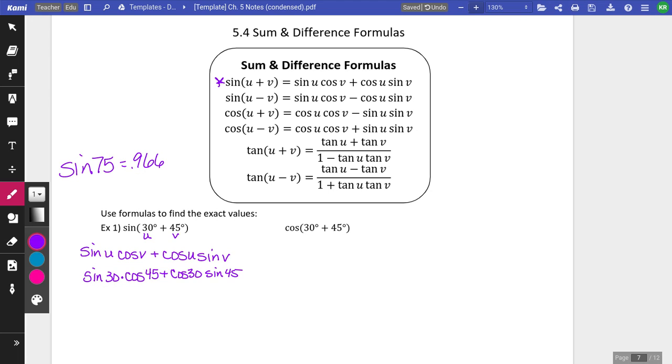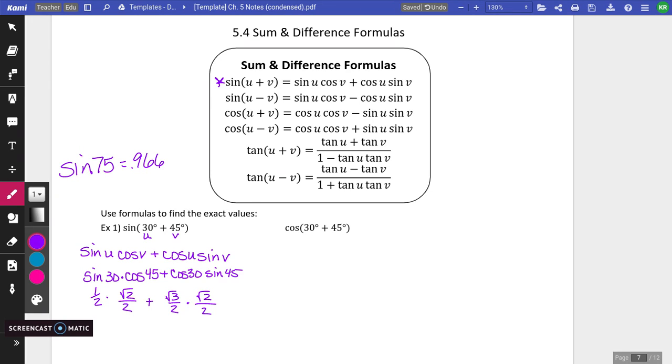Okay, so now I'm going to go to my unit circle and I'm going to find each of those values. So sine of 30 degrees is 1/2. Cosine of 45 is root 2 over 2. Cosine of 30 is root 3 over 2. And then sine of 45 is root 2 over 2.